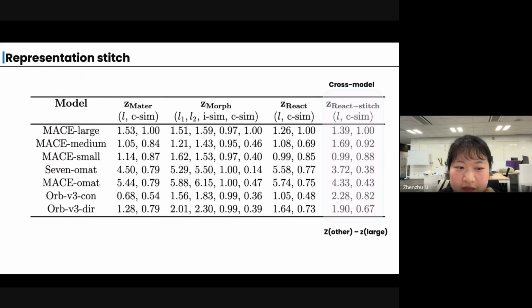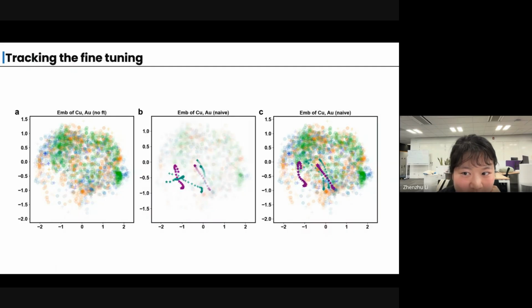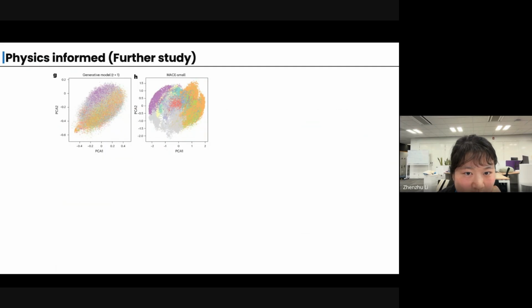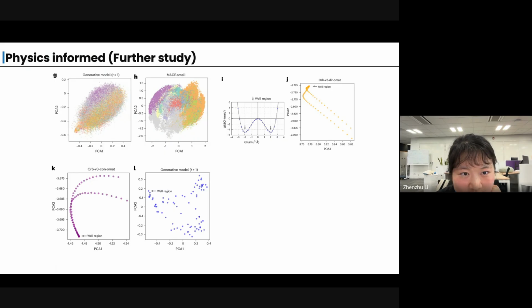But I think that for the energy supervised models, they can still be stitchable, because I can show, for example, this kind of provides some information there. Because we try to understand if the organization of this kind of representation is governed by the physics or by the training data itself.